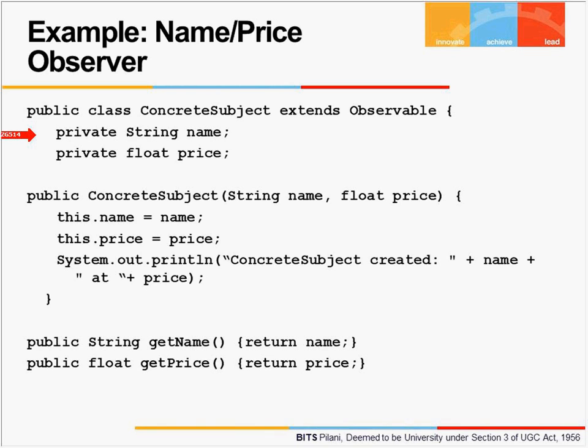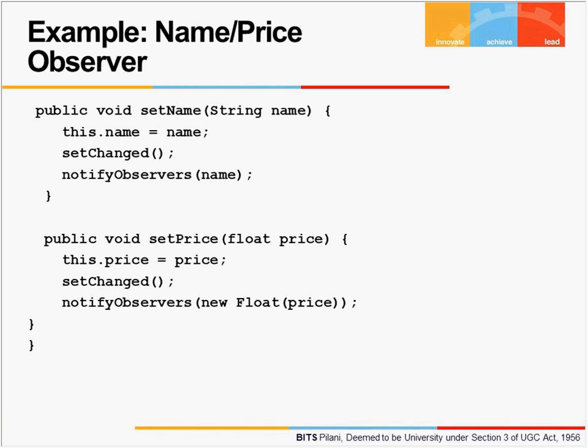So this is the constructor of the concrete subject, okay, and two the methods for name and price. Okay. So there is a setter method, set name, set price. These methods are important.